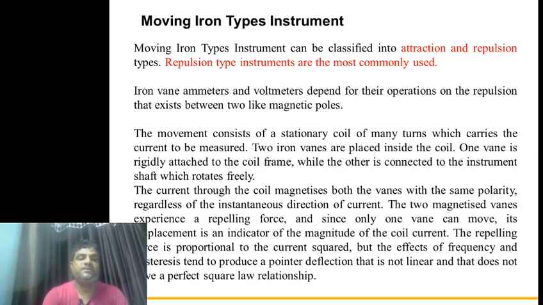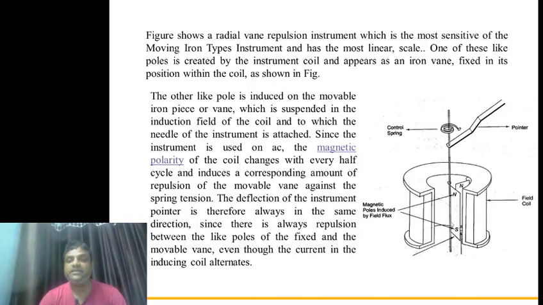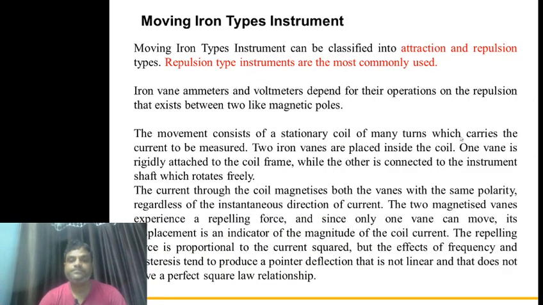So see again the explanation. The movement consists of a stationary coil of many turns which carries the current to be measured. Two iron vanes are placed inside the coil. One vane is rigidly attached to the coil frame while the other is connected to the instrument shaft which rotates freely.